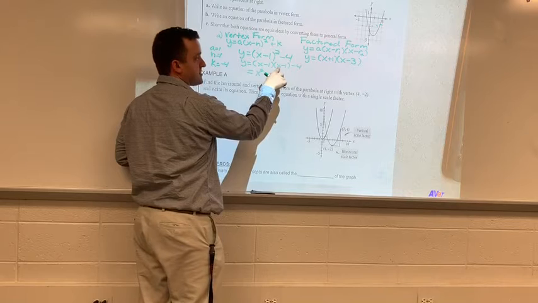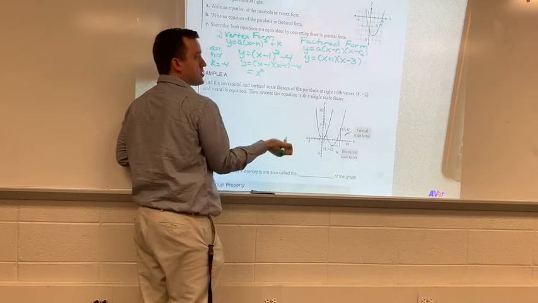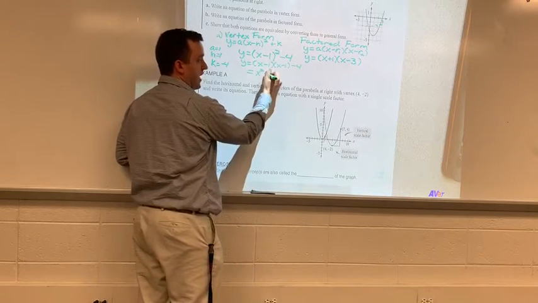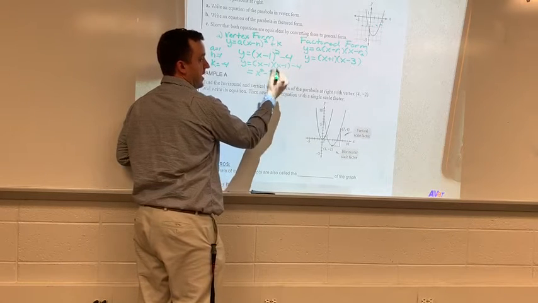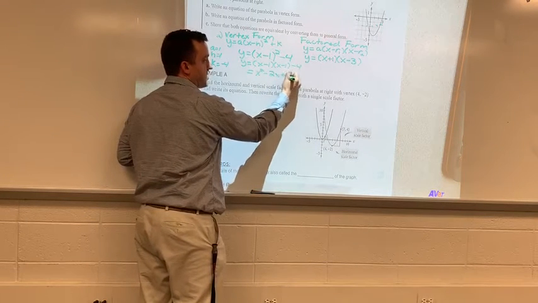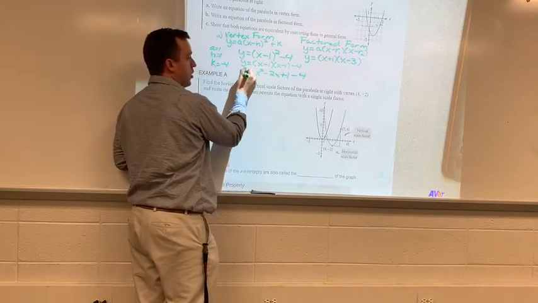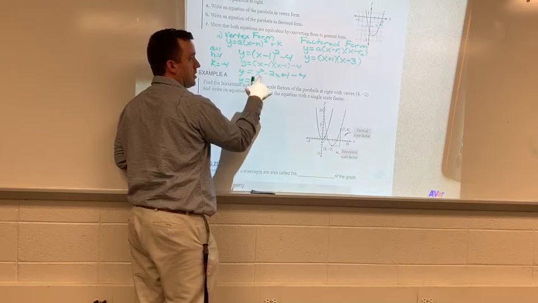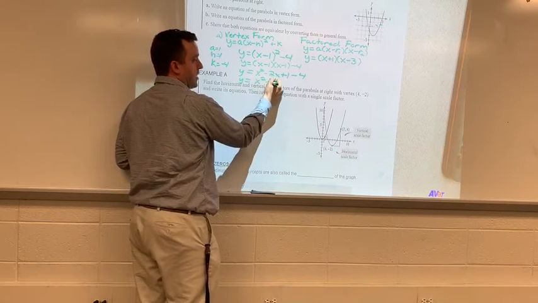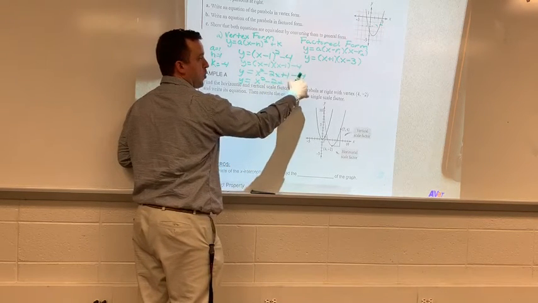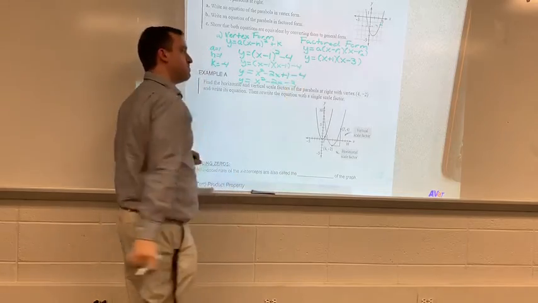Negative 1 times x is minus another x. So minus 1x minus another 1x is minus 2x. And then negative 1 times negative 1 is plus 1. And then I still bring on my negative 4. So y is going to equal x squared minus 2x, and then 1 minus 4 is minus 3.